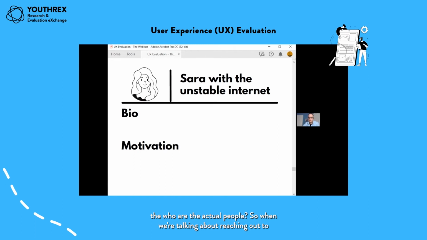When we're talking about reaching out to youth, what youth? Who are these youth? Where are you finding these youth? Could you describe one, or a group, or an individual that might be across a number of different program sites? Can you get specific enough?